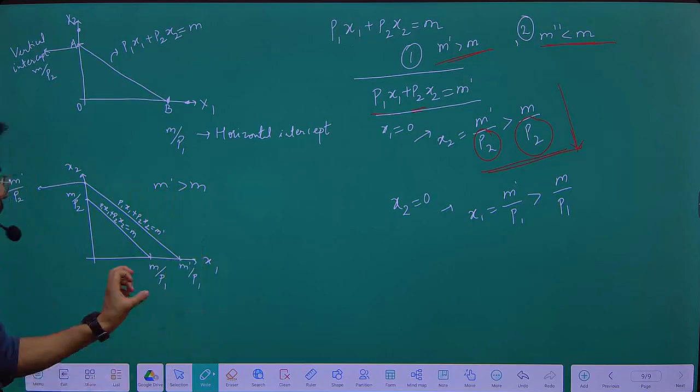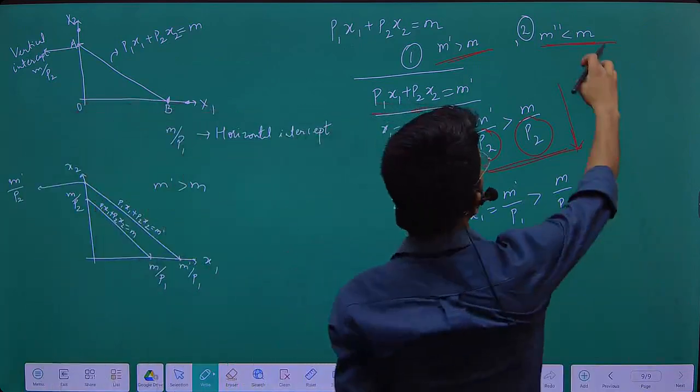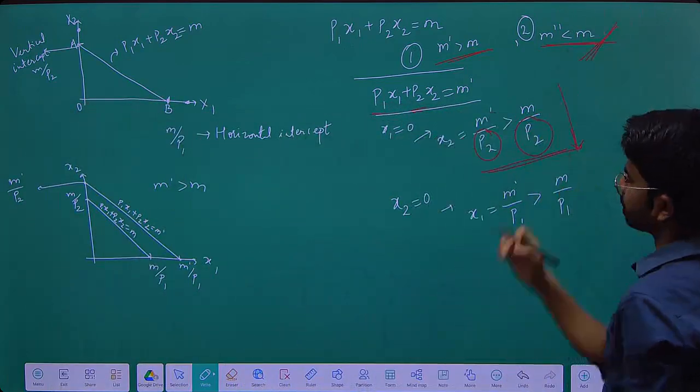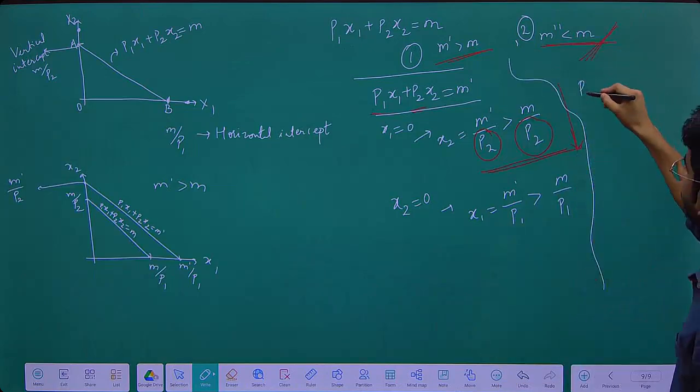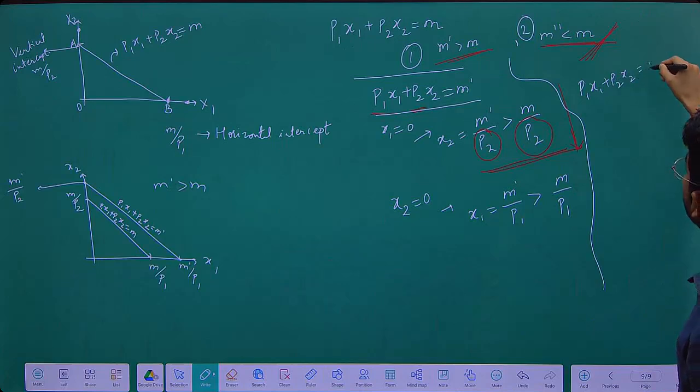Okay, now just think, if you have the lower income, in that case you will have something like p1 x1 plus p2 x2 equal to m double dash. So that will give you, when x1 is equal to 0, you will have x2 equal to m double dash upon p2, and this would be less than m upon p2.